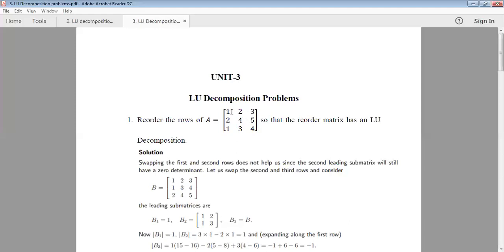Again the leading principal minor of order 2 is 0, so there is no use interchanging the first and second rows. Now I am interchanging the second and third rows. I take the new matrix as B, so B equals [1, 2, 3; 1, 3, 4; 2, 4, 5].